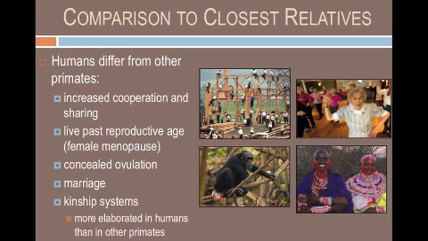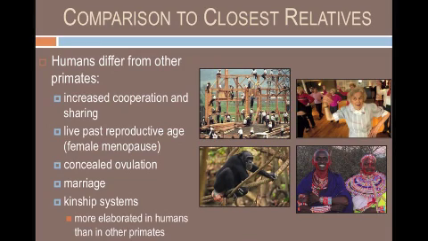Human women also live past the age of reproduction. So women go through something called menopause, and we don't see menopause in other primates. Menopause is essentially when a woman can no longer have children. She's no longer having a monthly cycle, but she's still alive, and women will live for many decades after menopause when they can no longer have their own children. In primates, we see that they are able to reproduce basically up until the point when they die.